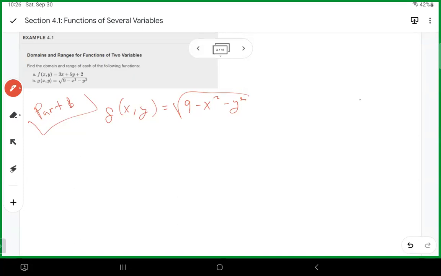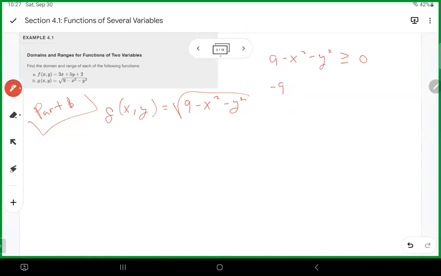We know that 9 minus x squared minus y squared has to be greater than or equal to 0. So from the inequality, if we change all the signs of everything, let's do that step first.